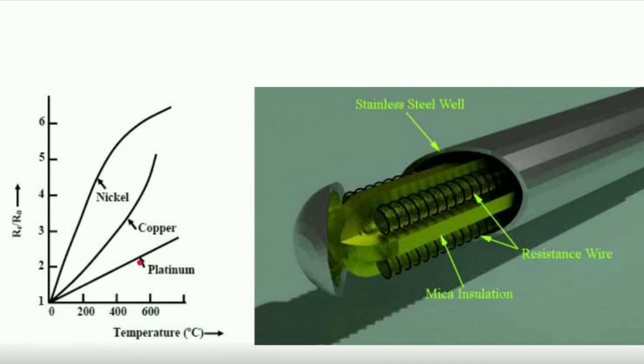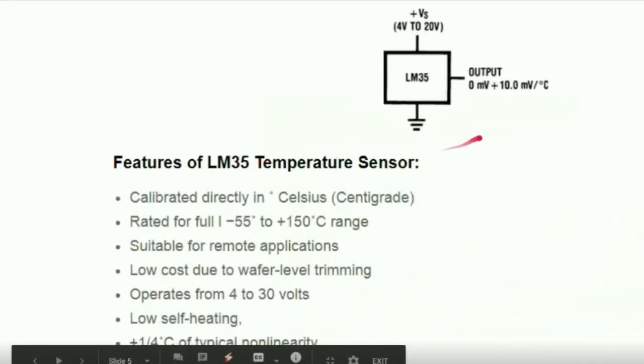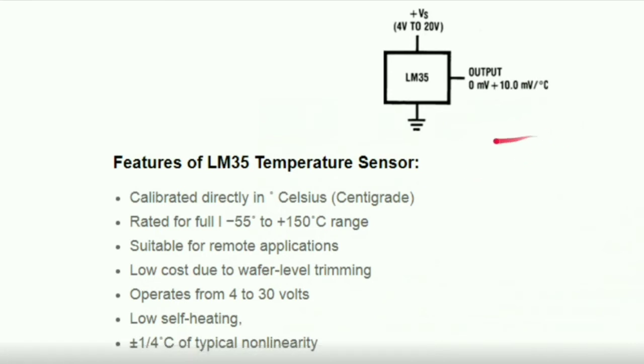Using this principle also, we have some of our temperature sensors. And last but not the least, we have our semiconductor temperature sensors. These are simple small semiconductor devices that give a voltage output depending on the current temperature the sensor is in.